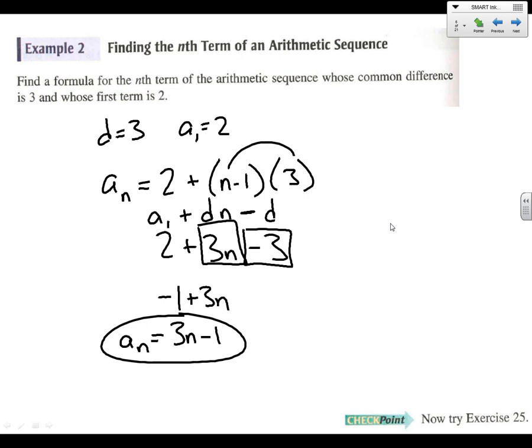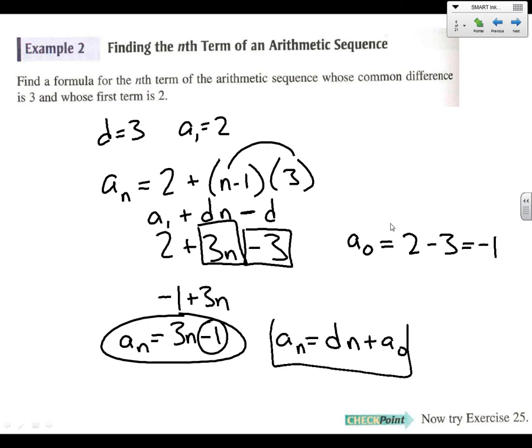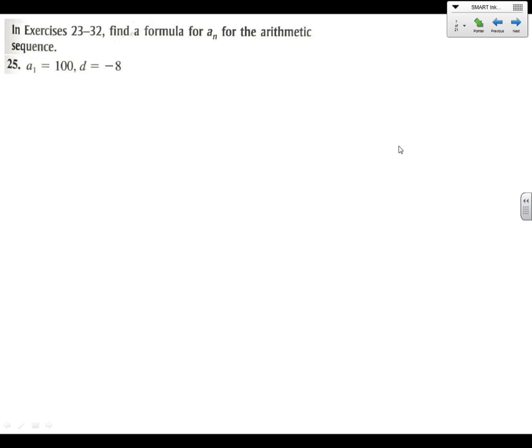So really what we're looking at is if you can figure out the 0 term, the term before, which would be starting with 2 minus 3, that's -1. That's always going to be here. So another way to get this formula is a sub n equals dn plus a0. All right, so an alternate form, dn plus a0. All right, use either one of those forms there and see if you can do problem 25.